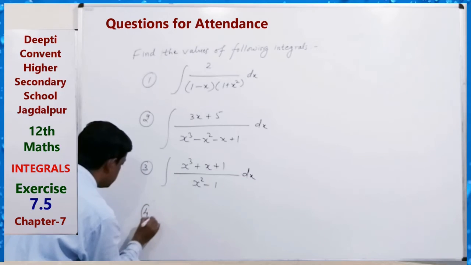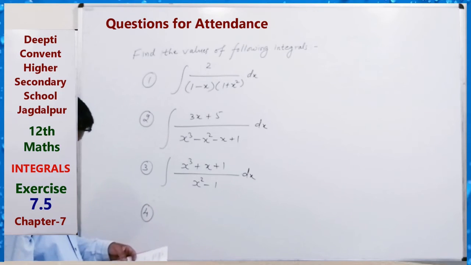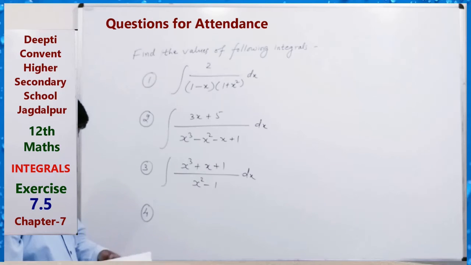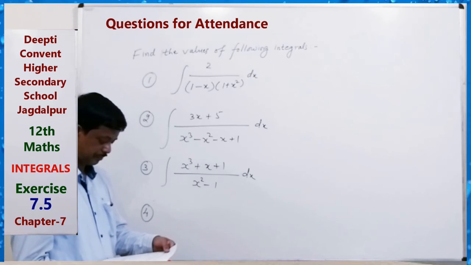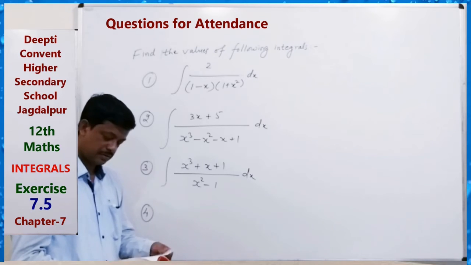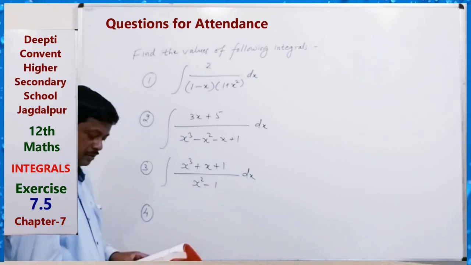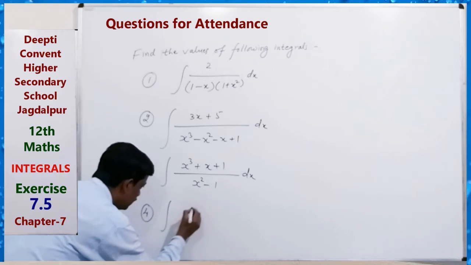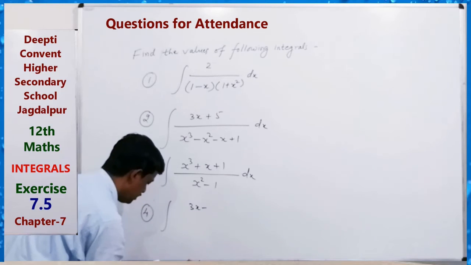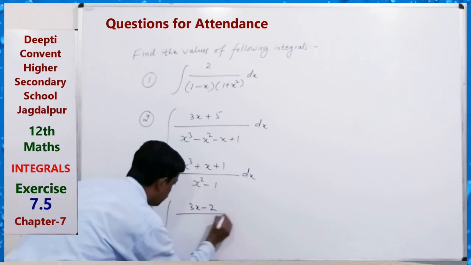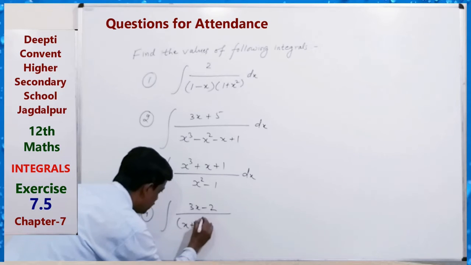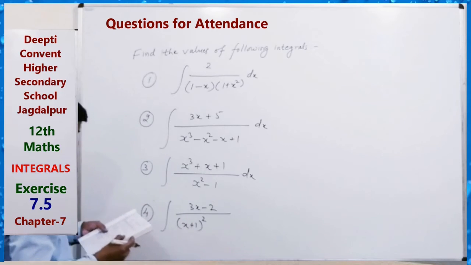And fourth: integral of 3x minus 2 upon (x plus 1) square (x plus 3).